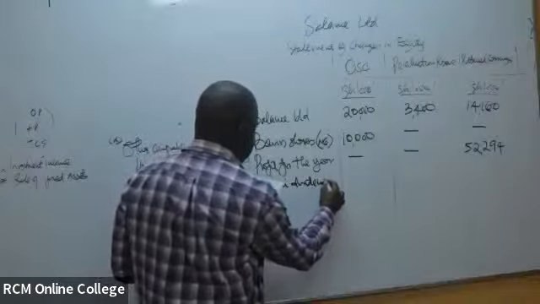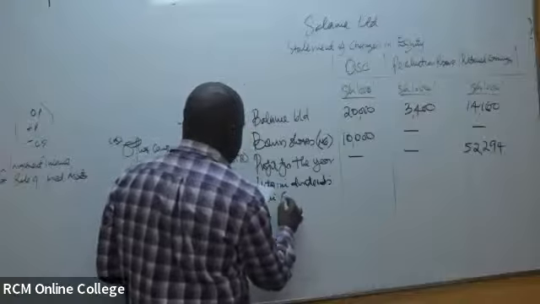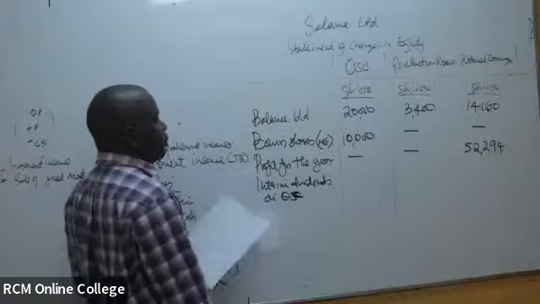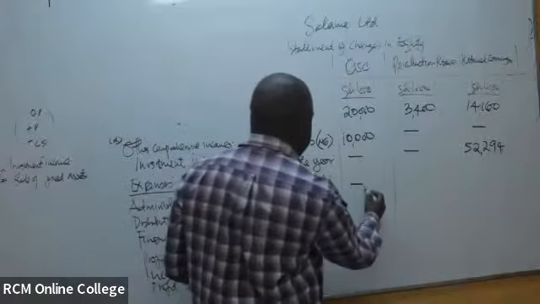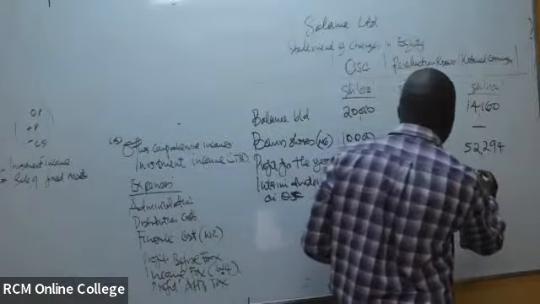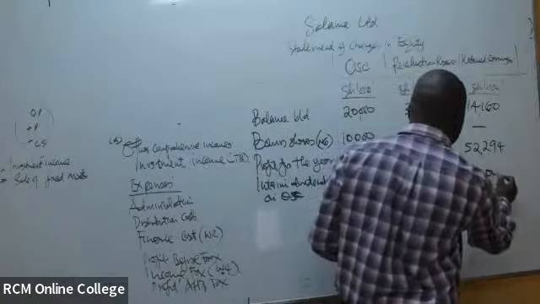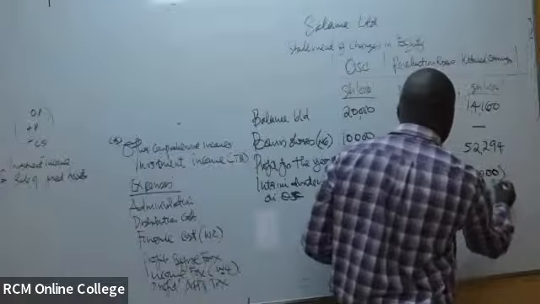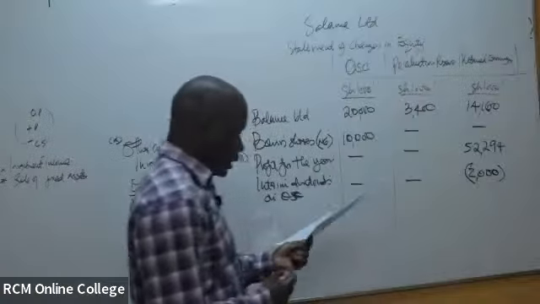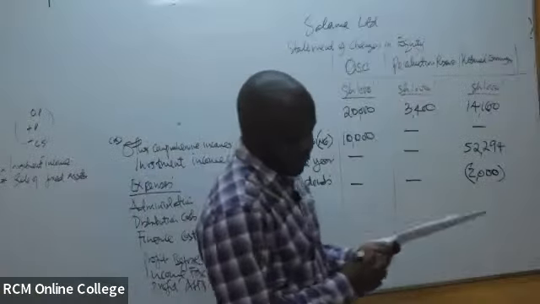This one will also be settled from the retained earnings, and it is 2 million.